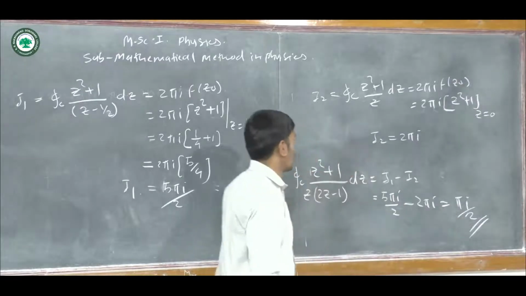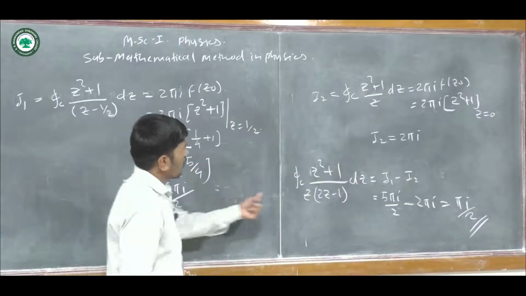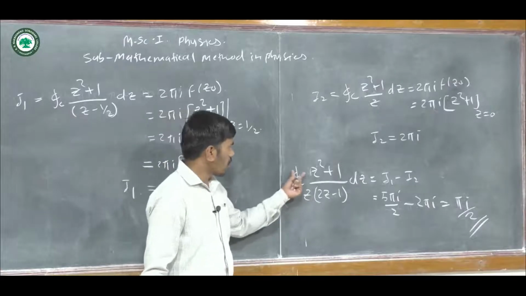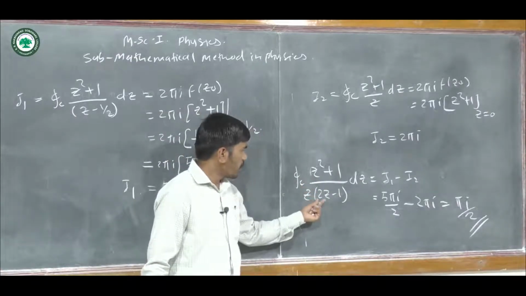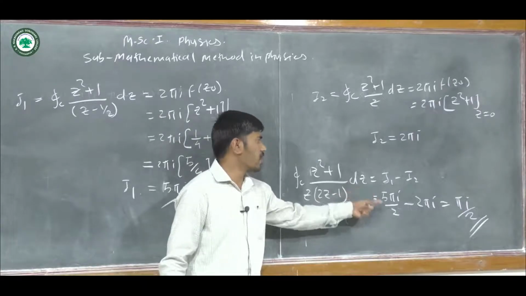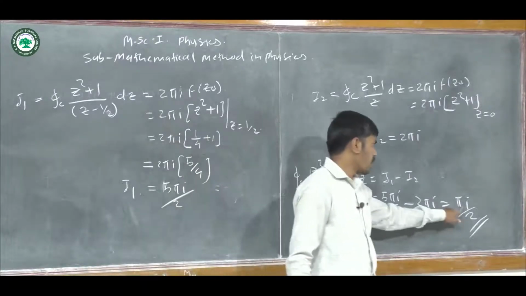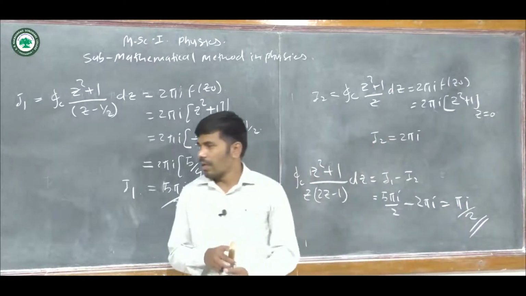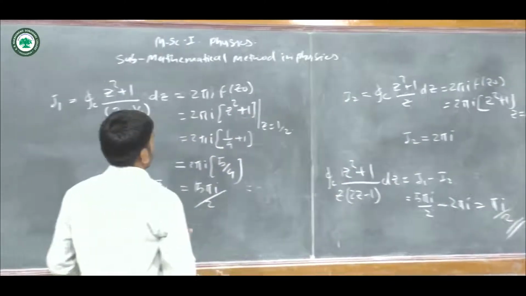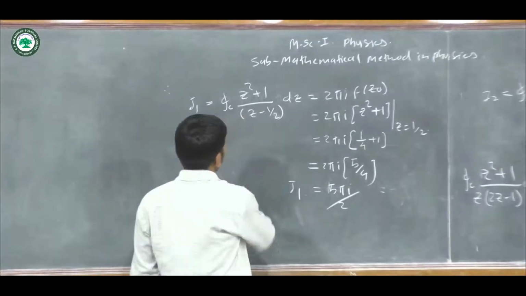This is the integral for this expression: closed integral C of z square plus 1 divided by z into 2z minus 1 dz is equal to pi i divided by 2. So this is for the Cauchy integral formula.